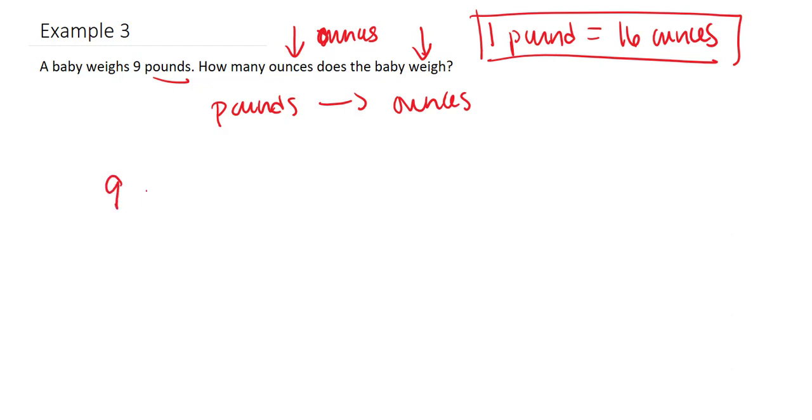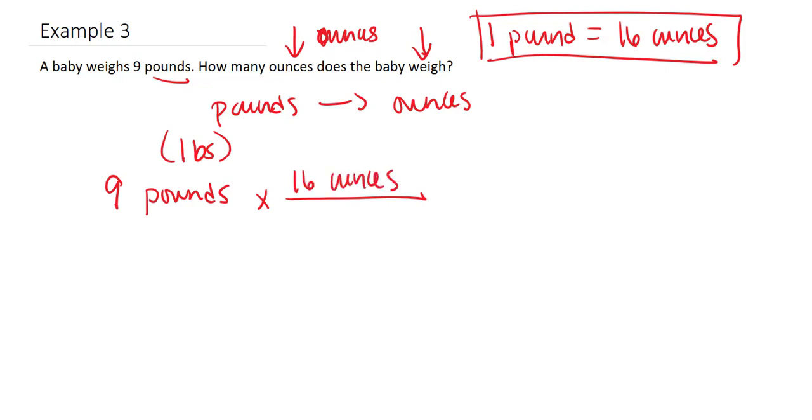We have 9 pounds, which is also LBS. That's also represented as pounds. Then we can put 16 ounces on the top because we want to end up with ounces. And on the bottom we put the pounds because we want to cross this out. Right? These cross out, then we're left with just ounces, which is perfect.